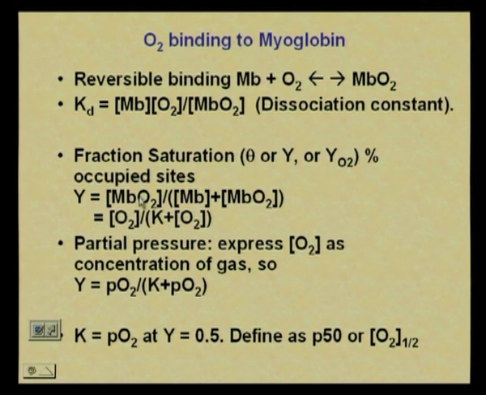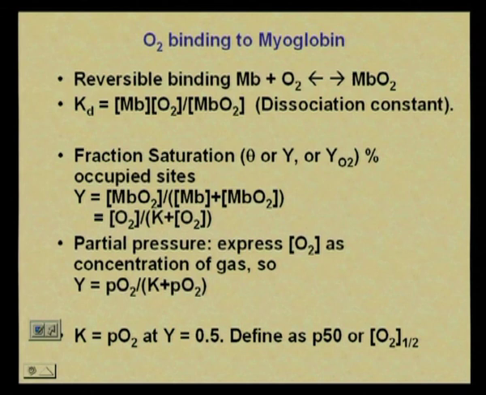Because MbO2 is what is bound, and the total amount is the free Mb that has not bound plus the MbO2. So, if we rearrange this, we can express it in terms of the oxygen concentration just by some algebra.